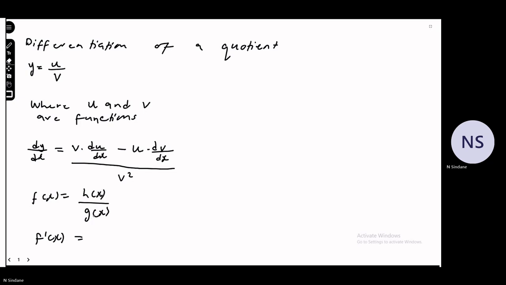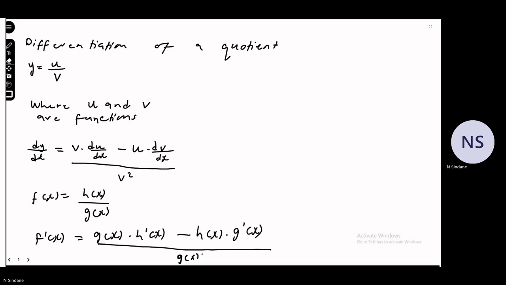It means I'll have g of x multiplied by h prime of x minus, now I'm going to differentiate my denominator while keeping my numerator constant. This will give me h of x multiplied by g prime of x, all divided by g of x squared. Right? That is how I'm going to differentiate a function divided by a function.